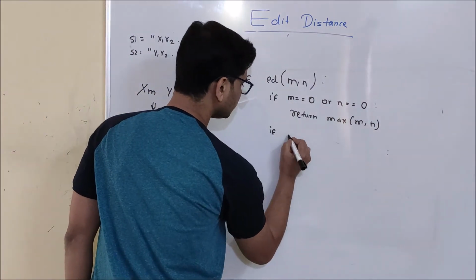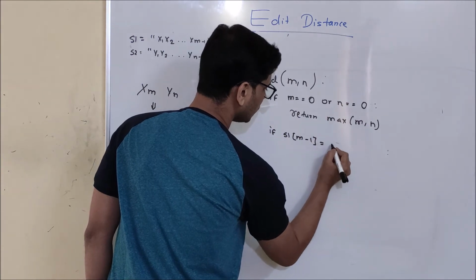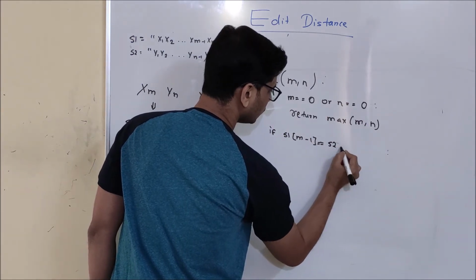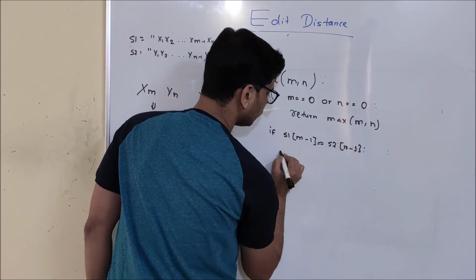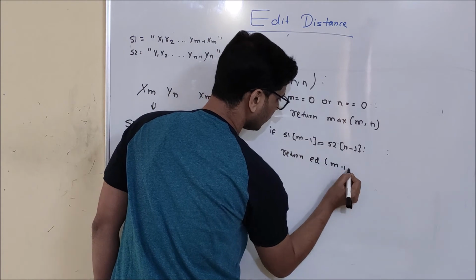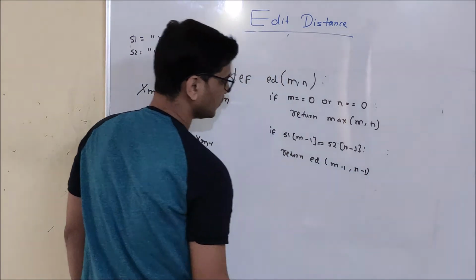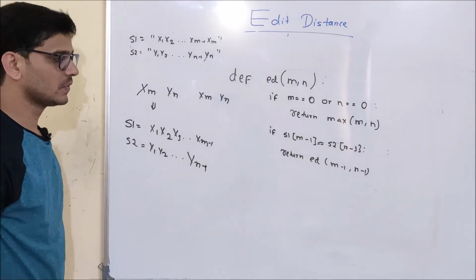So if s1 of m minus 1 is equal to s2 of n minus 1, then we will return ed of m minus 1 comma n minus 1. That is, these two characters are matching.